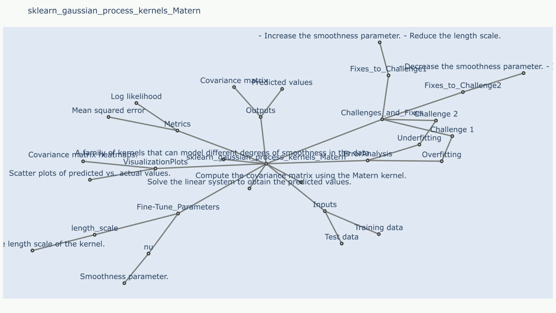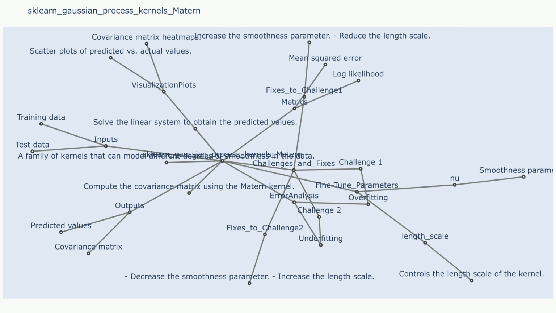Larger values indicate smoother functions that vary slowly. Uncertainty methods. Marginal variance provides a measure of the uncertainty in the predicted value at a given input data point. Confidence intervals construct a range around the predicted value, representing the interval within which the true value is likely to fall with a certain probability.